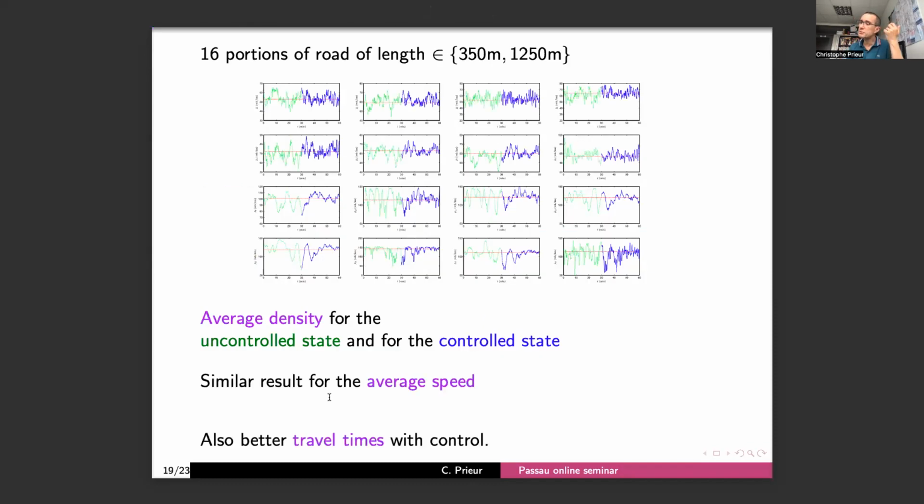By estimating that, we can check that the travel time is smaller with control than without any control. So this is an added value of our design. It has also a good impact on the travel times, which is an added value that was not on purpose.